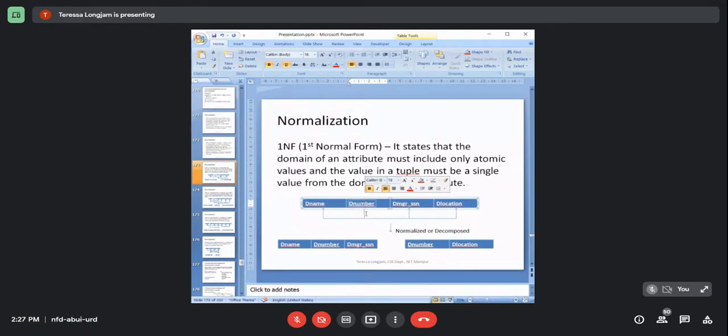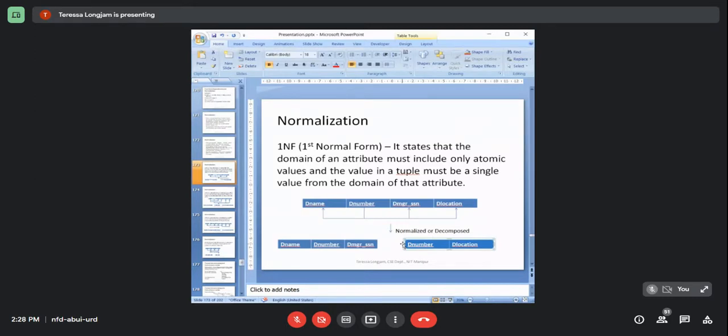That is D number, isn't it? So that is why we have D number and D location in the other relation. So we have decomposed the bigger relation into two smaller relations by using the process of normalization, and we bring it into first normal form. So this is also in first normal form, this is also in first normal form.